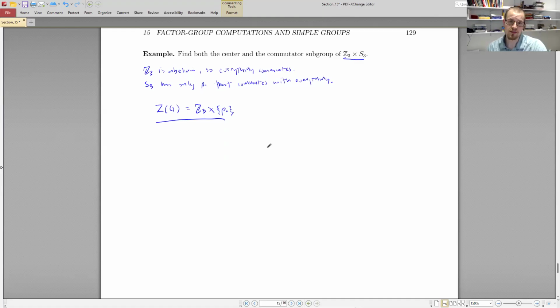The other part is the commutator subgroup, and that's a little bit more difficult. Now, the commutator subgroup is everything of the form A times B times A inverse B inverse.